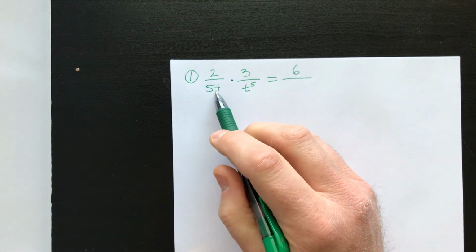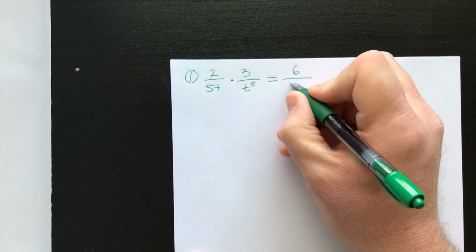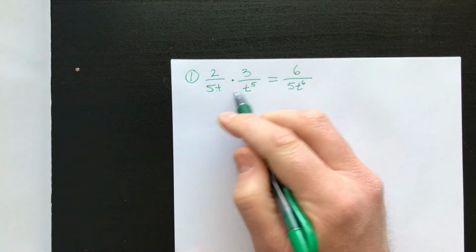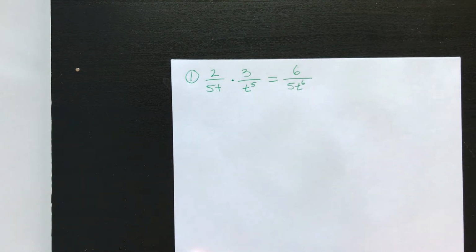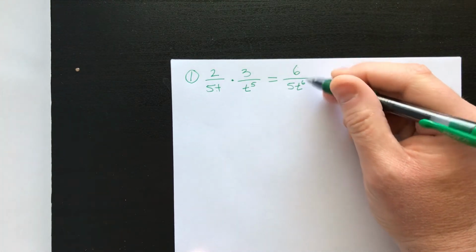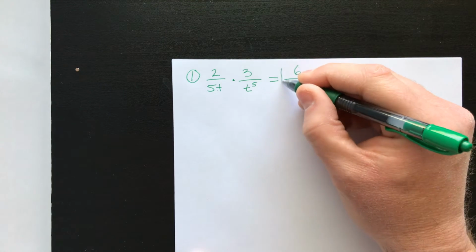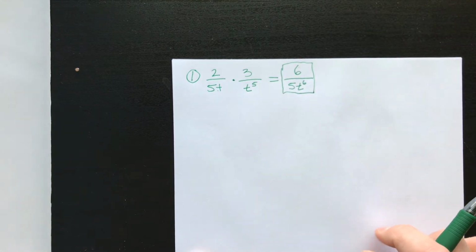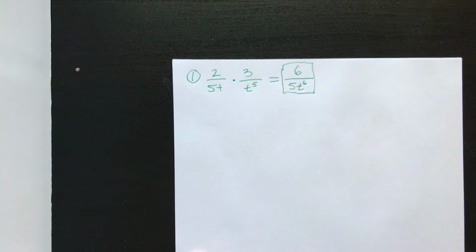And then 5t times t to the 5th is 5t to the 6th. Remember, you add exponents there. And then you always have to check and just make sure, can I reduce this anymore? Can I simplify this anymore? No, I can't. So that would be my final answer. Okay? All right, let's look at number 2.